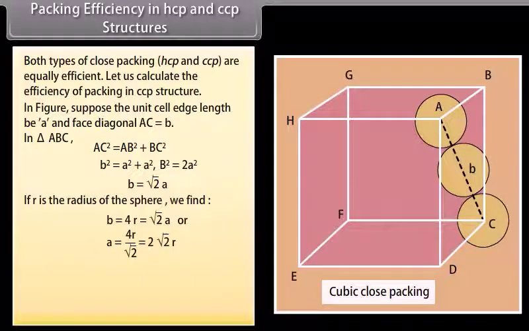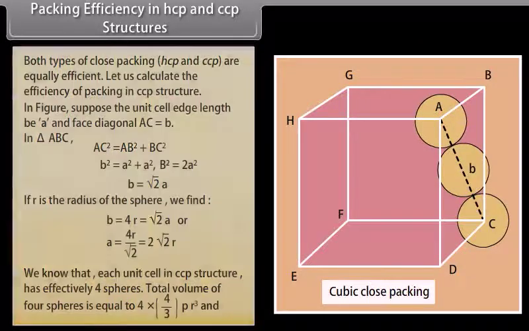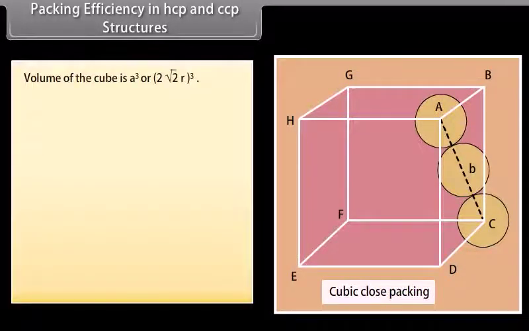We know that each unit cell in CCP structure has effectively 4 spheres. Total volume of 4 spheres is equal to 4 into 4/3 pi r cube, and volume of the cube is a cube or (2 square root 2 r) cube.